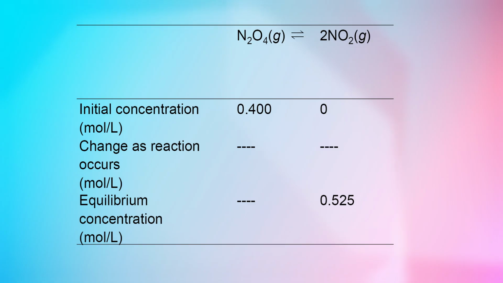You write down the initial concentration, which is 0.4, and the change as the reaction occurs, which is not given, so that will be blank. And next, the equilibrium concentration: the NO2 equilibrium concentration is given. So, this is the way you start your calculation in a tabular form.